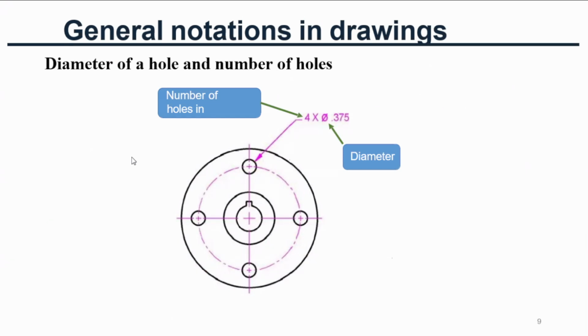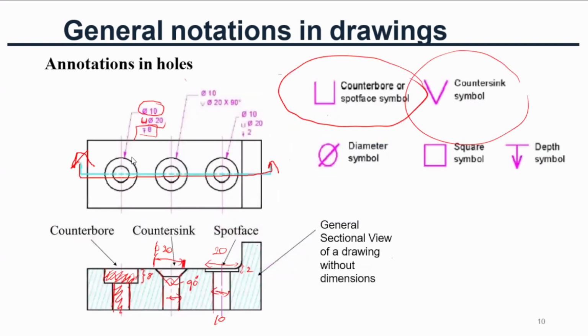You can identify the number of holes by a notation like 4 by 0.375. The 4 means the number of circles, and 0.375 means the diameter of the circle, the diameter of these holes. You put such notations in drawings.